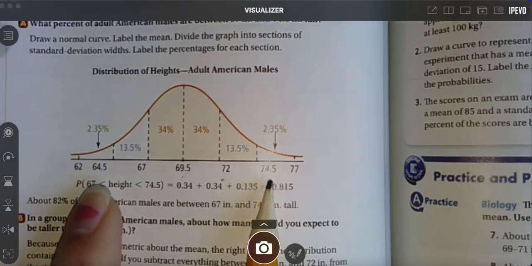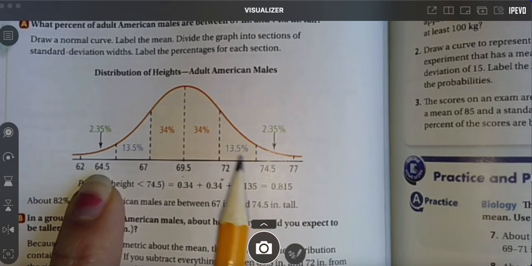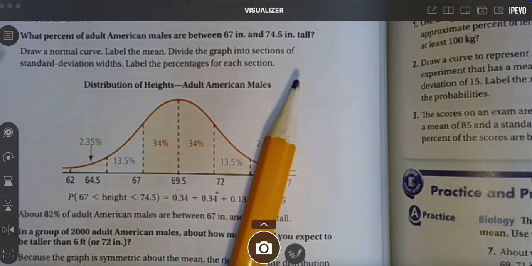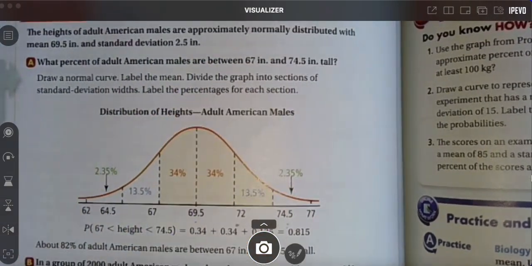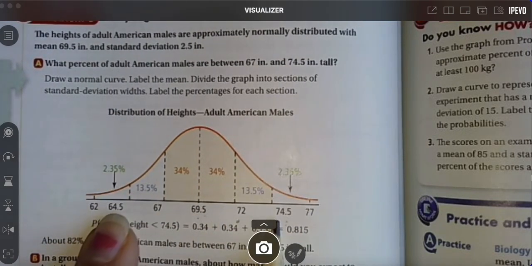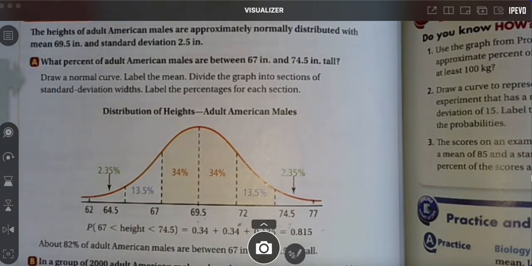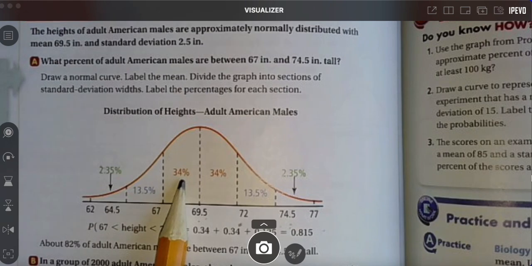Then they did that again, adding and subtracting 2.5. 2.5 is what they told us; it's your standard deviation. So you just add or subtract every time, and then you do it again, and then again. You have to do that three times, three standard deviations. And every time, again, these are your percentages.